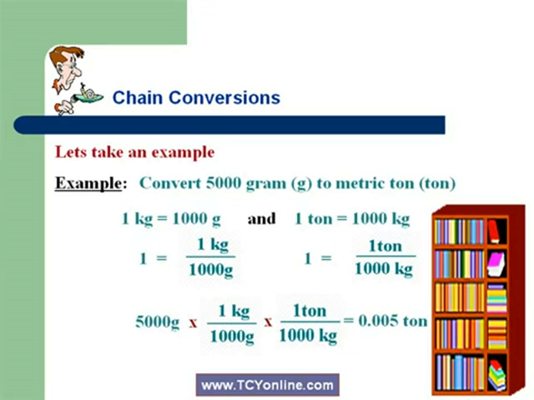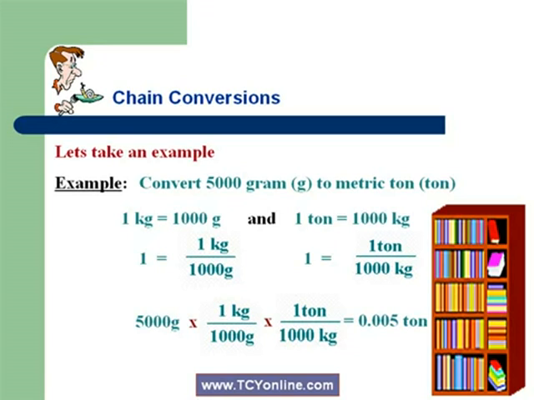So for 1 kg equals 1000 grams, we get 1 is equal to 1 kg over 1000 grams, while for 1 ton equals 1000 kilograms, we get 1 equals 1 ton over 1000 kilograms. Simply now multiply this fraction by 5000.